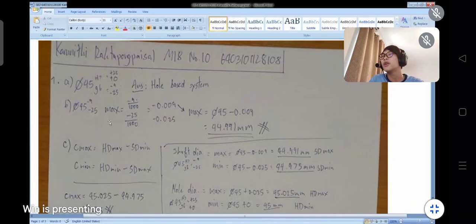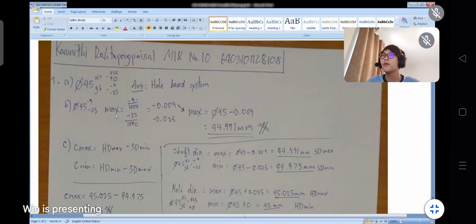For B, we have to find the maximum shaft. So for how to find it, we choose the lowercase letter and translate that into the chart. You have for G6, you have -9 and -25.